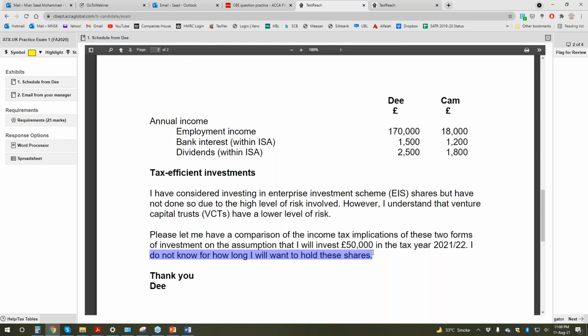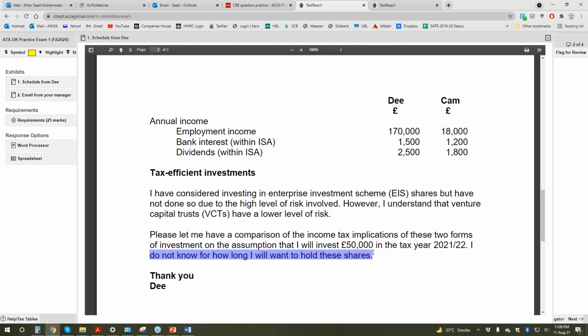During the duration in which you have kept the shares, you are going to receive the dividend. If you have invested in EIS, the dividends will be taxable. If you have invested in VCT, the dividends will be exempt. So there is an added advantage in investing in VCTs. And then lastly, I will tell her the holding period which she needs to hold the shares to keep the reducer.